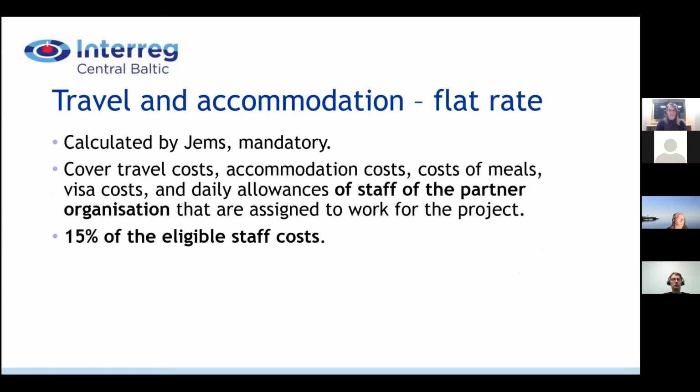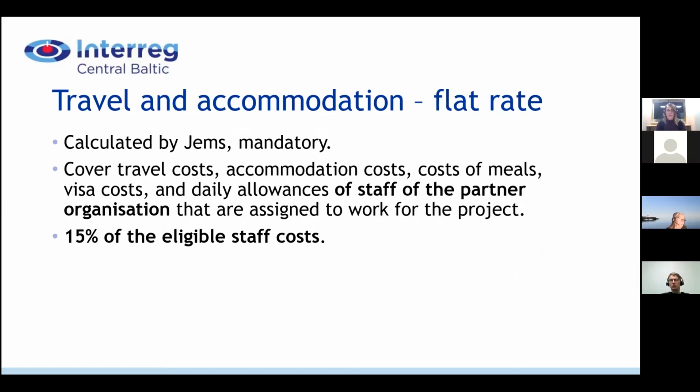Similarly, we will have travel and accommodation costs. Those work in quite the same way as office and administration. They will be calculated automatically by GEMS, also mandatory. This is meant to cover the travel costs, accommodation costs, and other costs related to travels of the staff of the partner organizations.